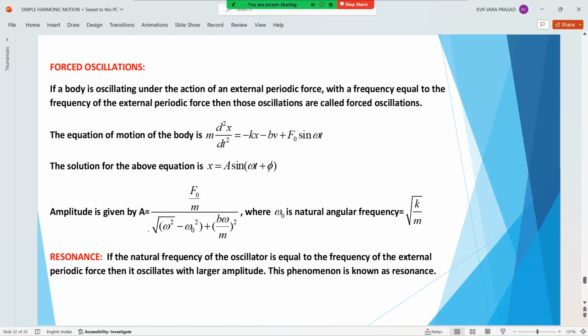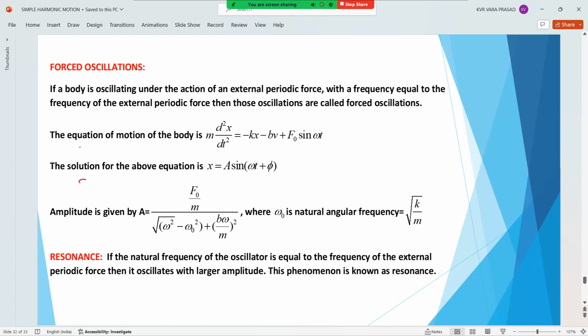If a body is oscillating under the action of an external periodic force, then those oscillations are called forced oscillations. So a body is oscillating under the action of an external applied force.